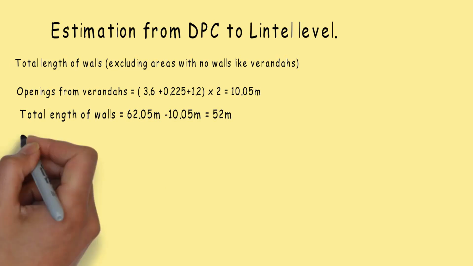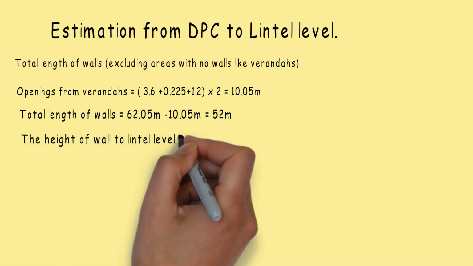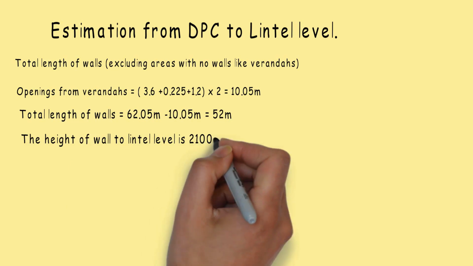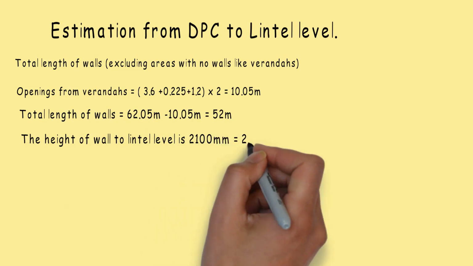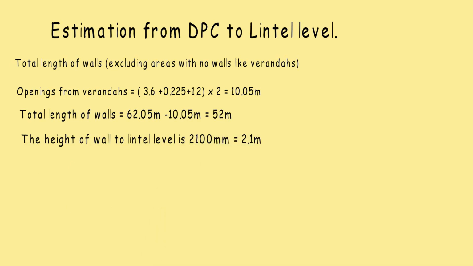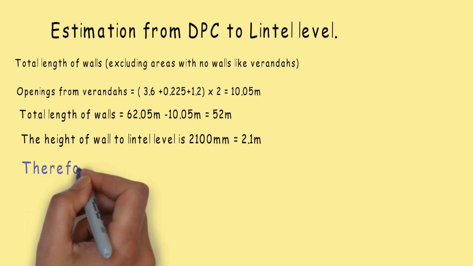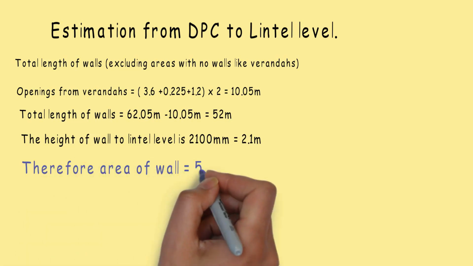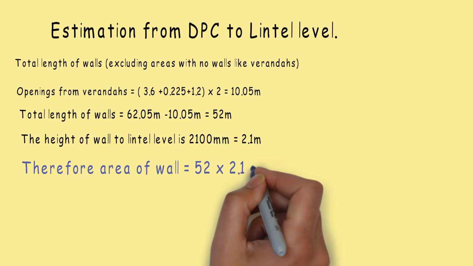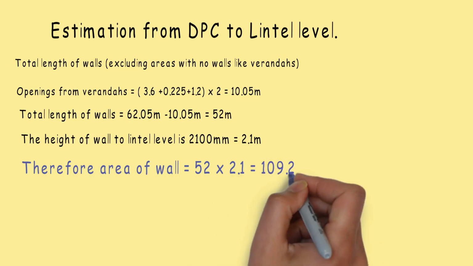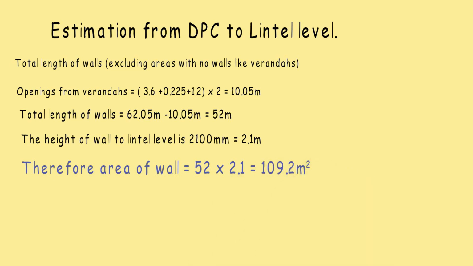The height of wall to lintel level is 2,100 mm, which equals 2.1 meters. Therefore, the area of wall is 52 multiplied by 2.1, which will give us 109.2 meters square.